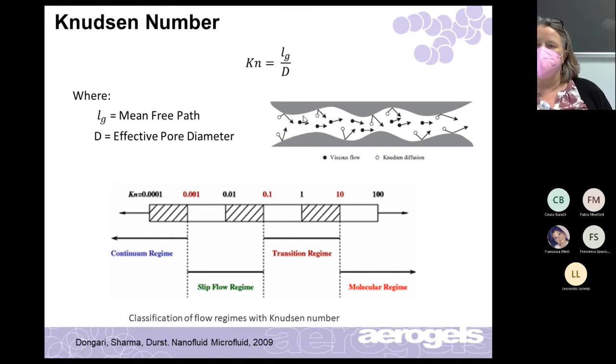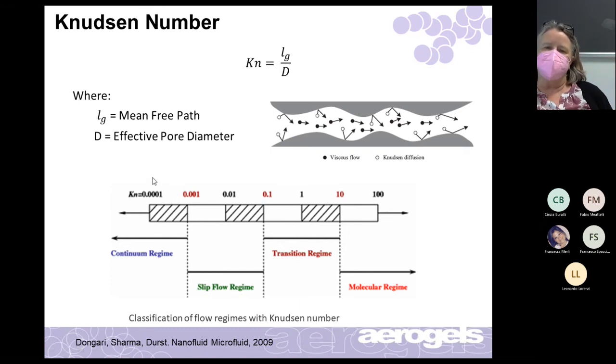If you classify flow regimes, the very low Knudsen number is the continuum region. That just means that molecules are going to flow through continuously, and you don't have to analyze the system in a more discrete way. So there's a continuum region and a molecular region. Classical fluid mechanics assumes this, but we're really down more in this region.